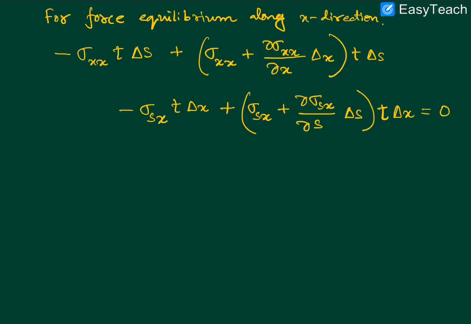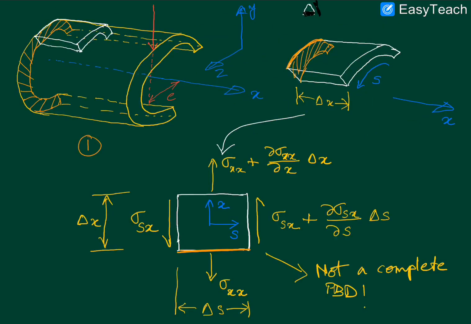Now when we are writing this, you note one important thing. We are assuming that the thickness t is not varying along the s direction. So what I mean to say is that if you move along this, in general the t can vary.